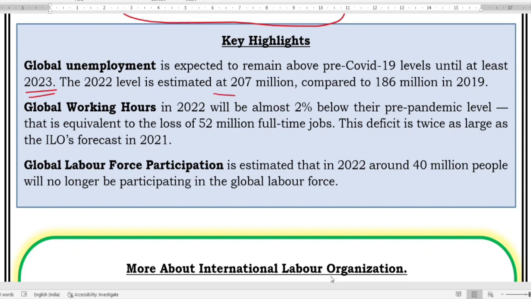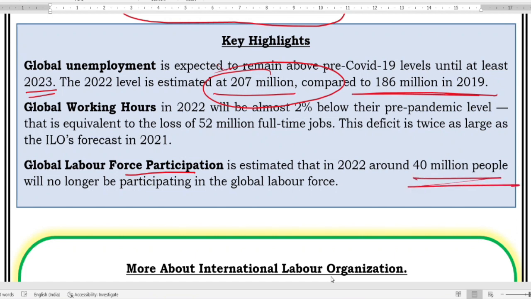The 2022 level is estimated at 207 million compared to 186 million in 2019. So these are very important keywords and very important data, right? This can be directly picked up and asked in the examination. Then global labor force participation: it is estimated that in 2022 around 40 million people will no longer be participating in the global labor force.